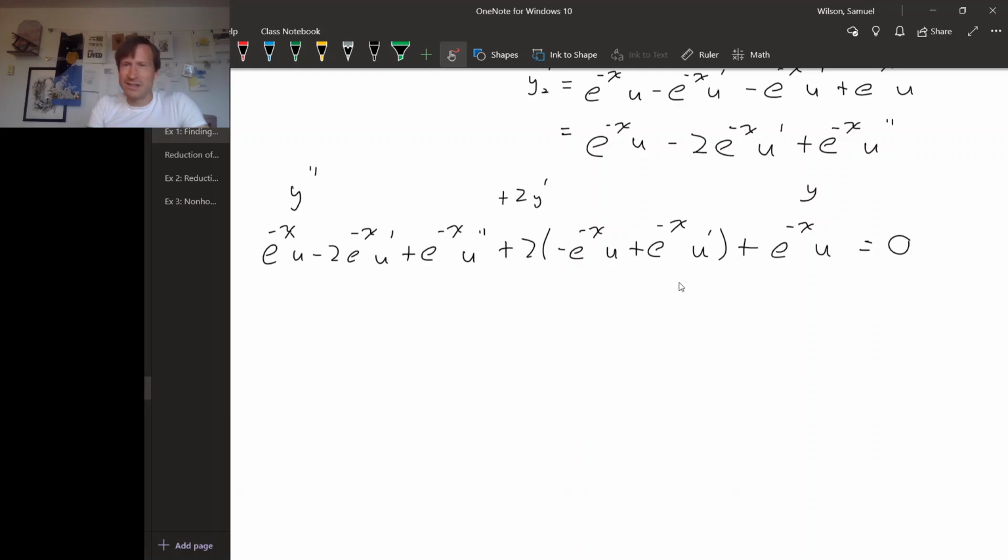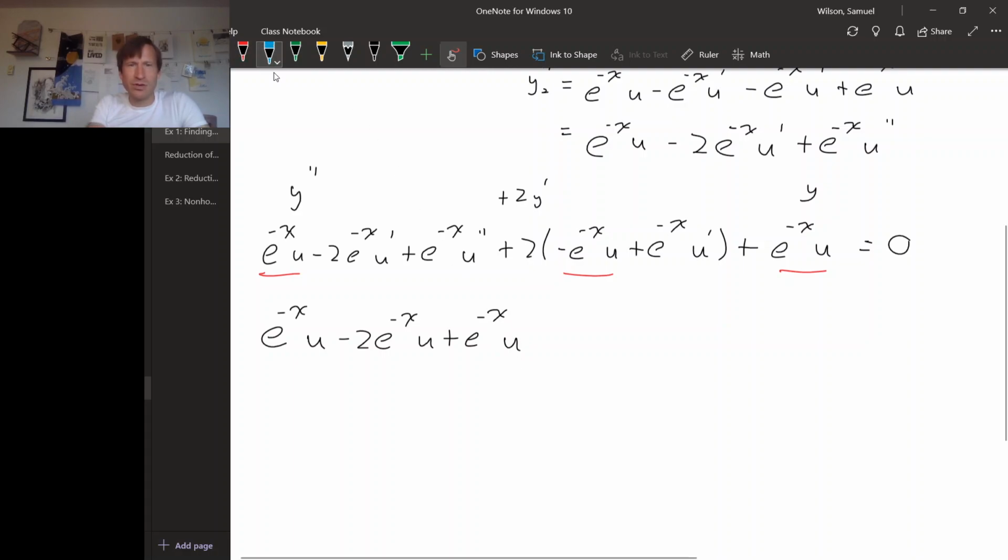So let's see. Let's gather up all the u terms. Here we have a u term, here we have a u term, and here we have a u term. So e to the minus x times u minus 2e to the minus x times u plus e to the minus x times u. Okay, now let's write down all of the u prime terms.